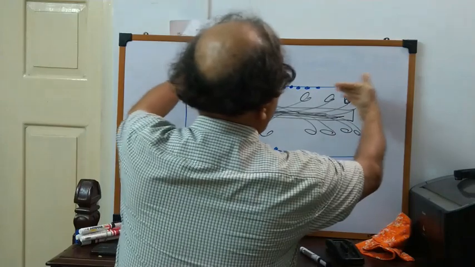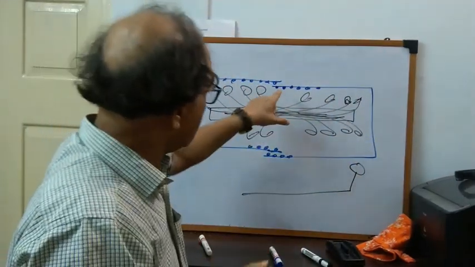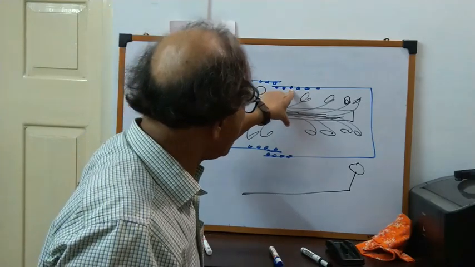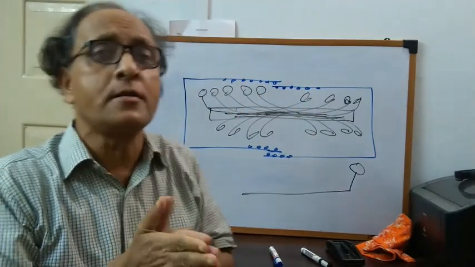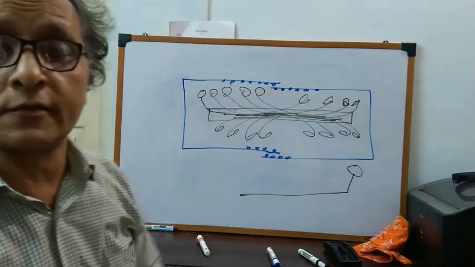Number two, in the ordinary state, the thin filaments are overlapping into each other. And see, there are plenty of active sites of actin which remain otherwise unutilized.